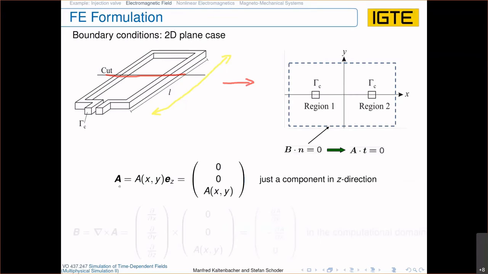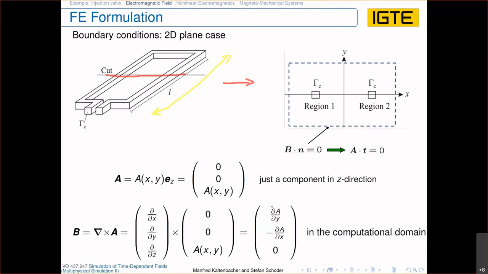When we take the curl of such a vector, which we have already done before, then clearly we get out a magnetic field which is within the computational domain. So as you can see here, we have the partial derivative of A with respect to y and the partial derivative of A with respect to x as y component, and clearly we have no z component. And that makes sense, so the magnetic field clearly lives within our computational domain.